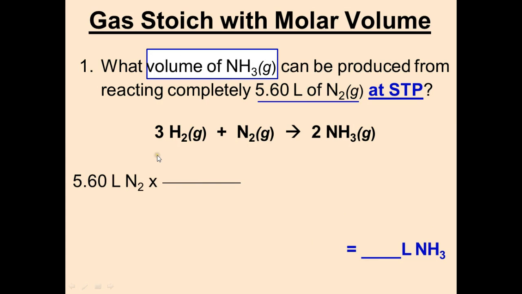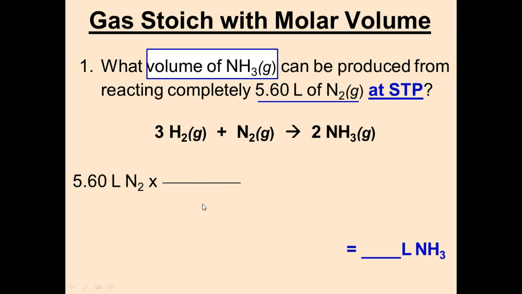And remember, whenever we do gas or any stoichiometry problem, we convert from whatever we have to moles, and then we go from moles to moles using molar ratio, and then we go to the liters or whatever of the other substance. So that's exactly what we're going to do. And because we know it's at STP, remember we just talked about 1 mole of gas is 22.4 liters. So because we know that, we can go from liters to moles.